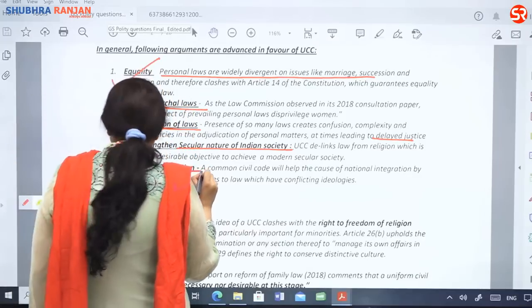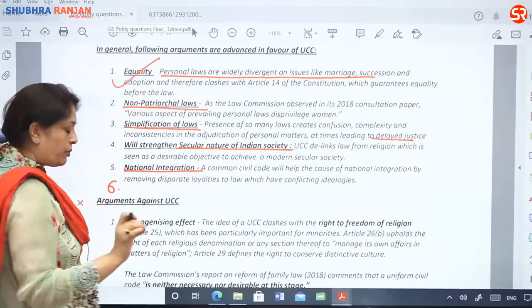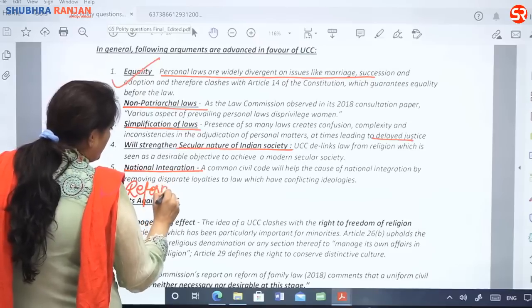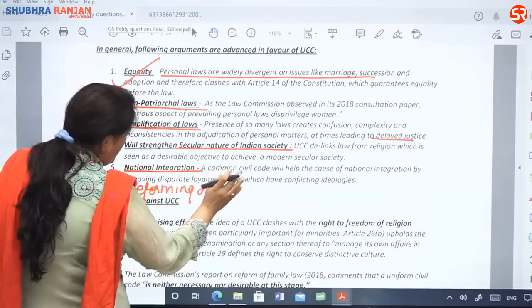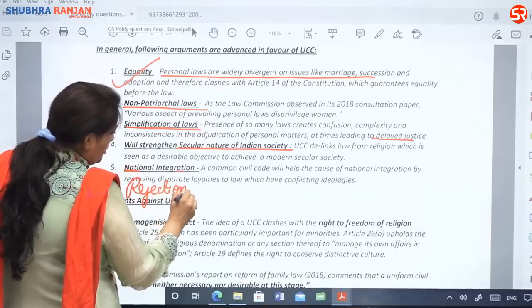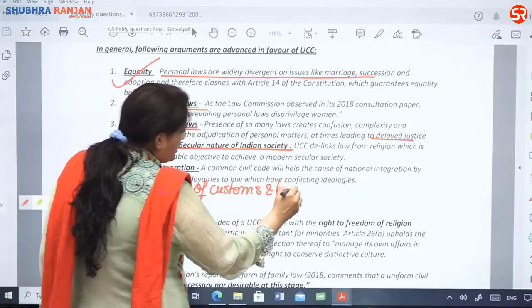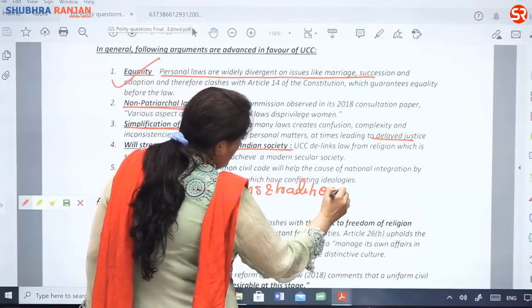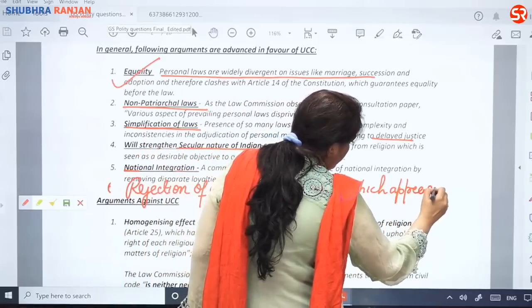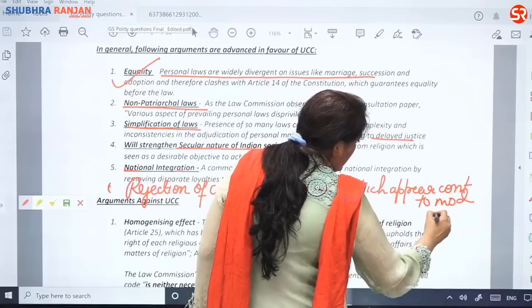It will strengthen national integration, and a point can additionally be added, which this student has given, which was a good point: that it will help in reforming or rejecting the customs and traditions which appear contradictory to the modern way of life.